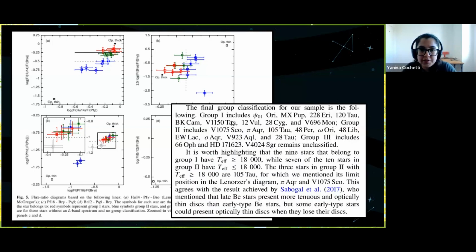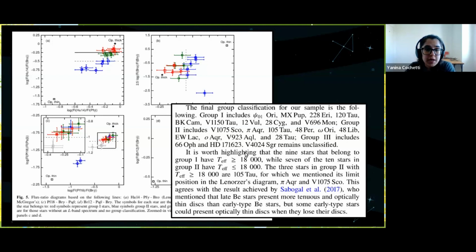So for our stellar sample, we classified these ones. I won't mention all, but these stars are in group 1, and these over there are in group 2. And we have 2 stars in group 3, those without emission, so they are not in either of these figures, and one that is still unclassified because it's in the middle of all the plots.